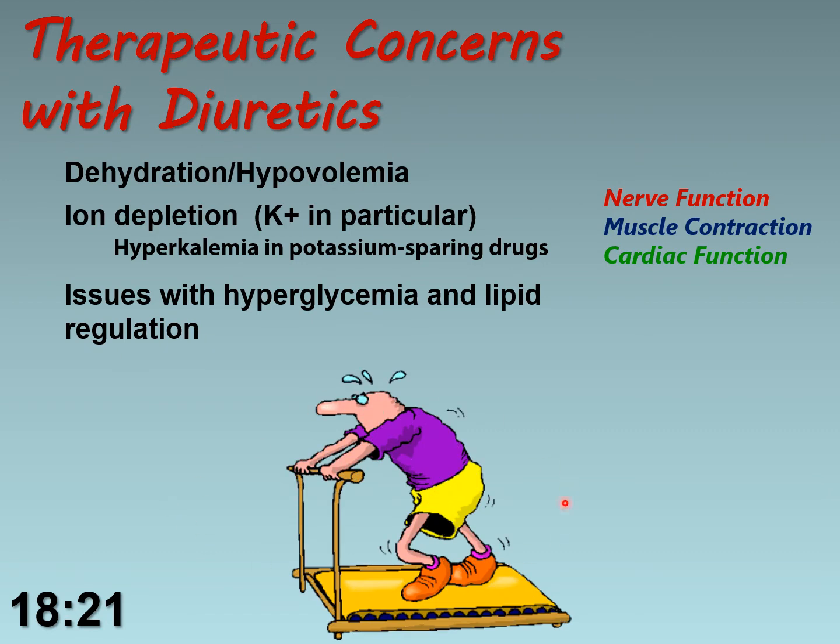So keeping them active, keeping them engaged, and looking for changes can be part of the strategy for someone who is taking diuretics. Well-balanced diets are critical. High in vegetables and fruits, high in vitamins and minerals to deal with certainly the ion dysregulation, but also the hyperglycemia and lipid regulation.